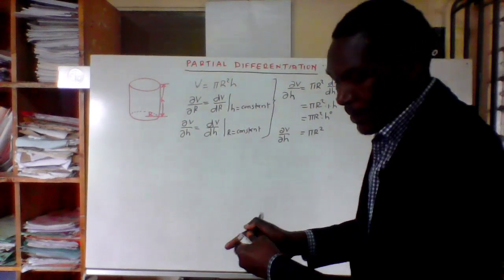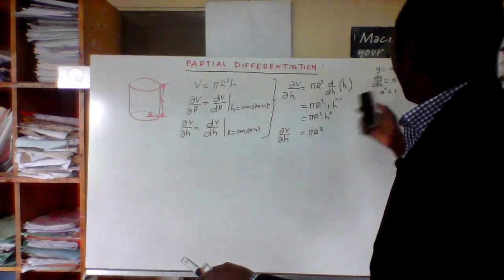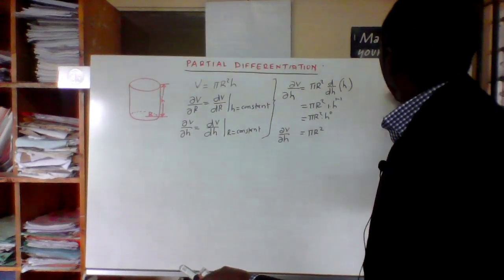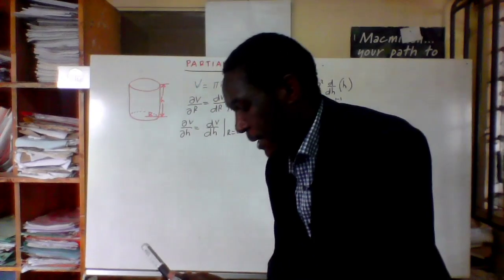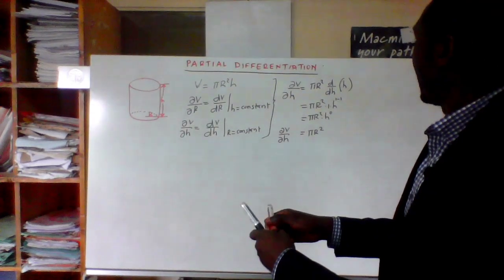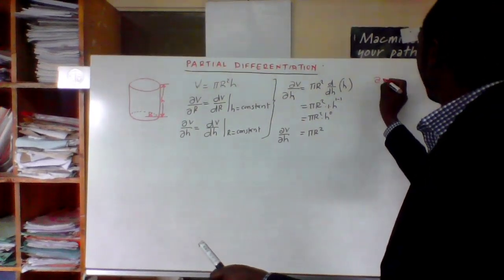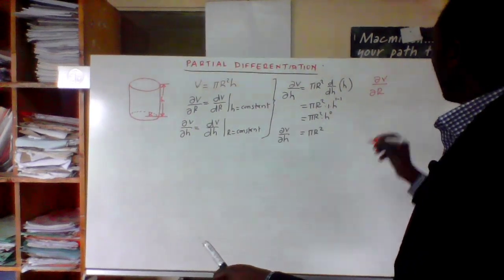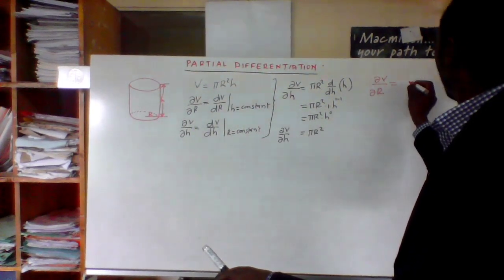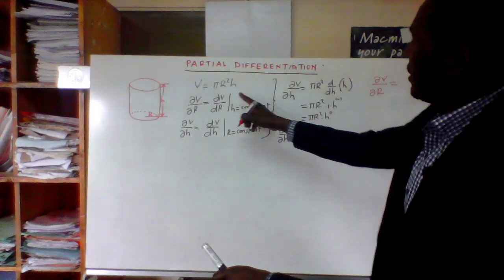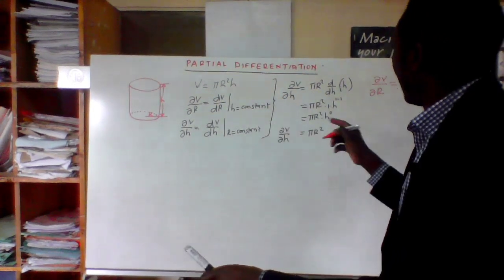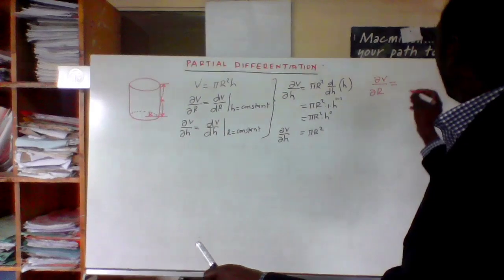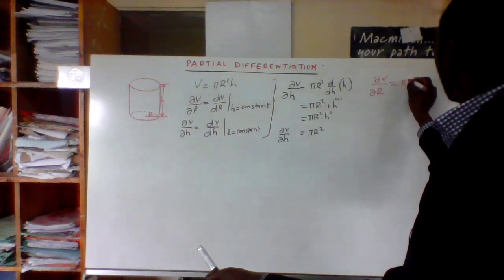You can also get the same if we keep h constant and vary r. So what will happen? We are getting the partial derivative of V with respect to r, keeping h constant, is equal to, take everything that is not r outside. So we have pi times h.